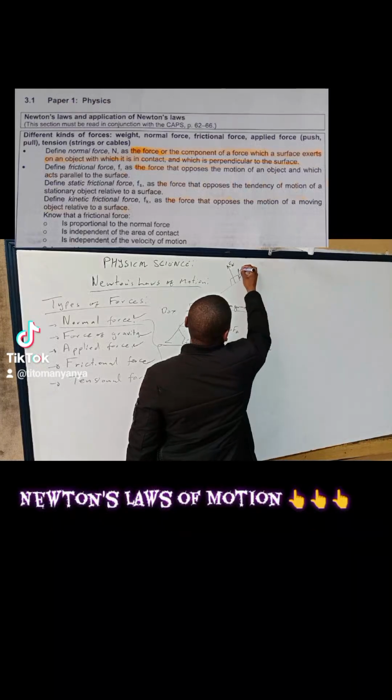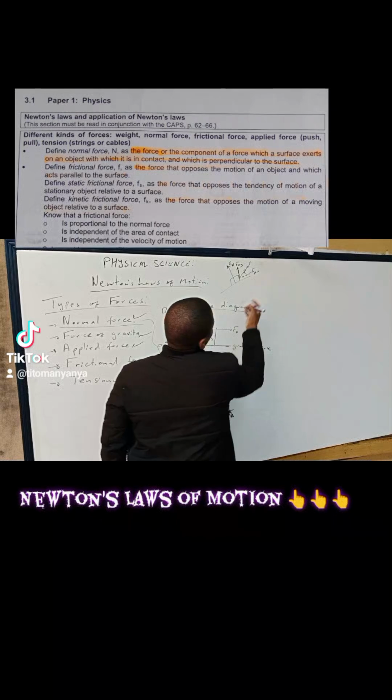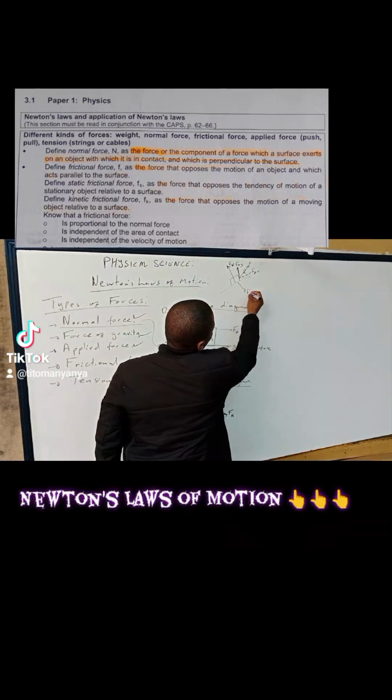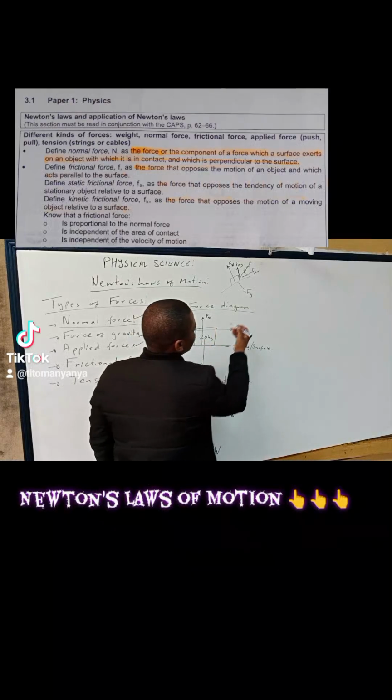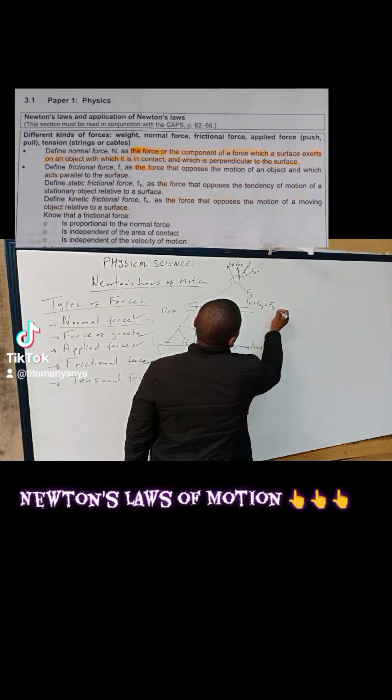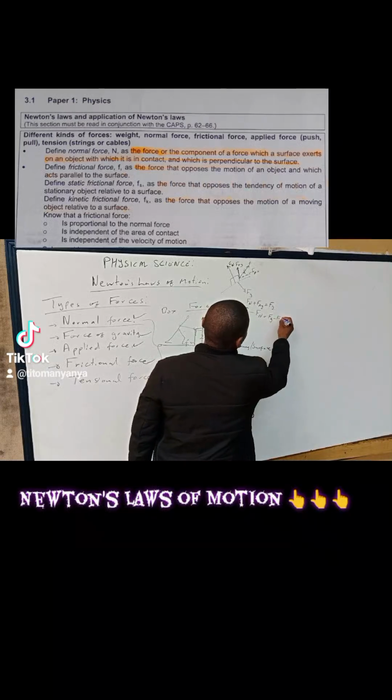That means we have to resolve that force applied into x and y components. So looking at this, you will find that normal force plus Fay equals Fg. Then you will find that Fn will be Fg minus Fay.